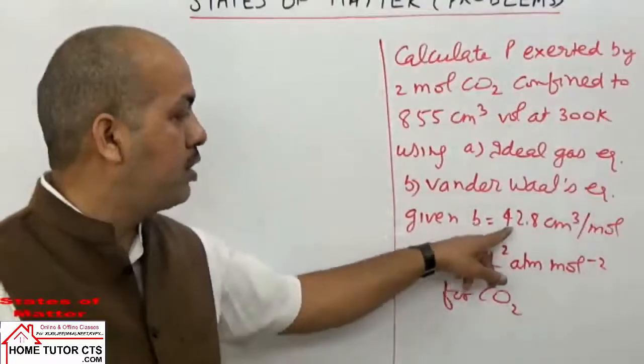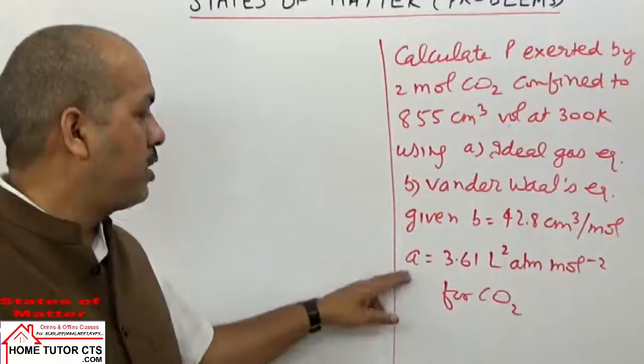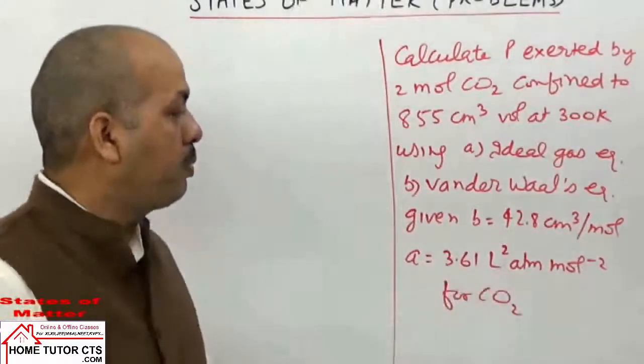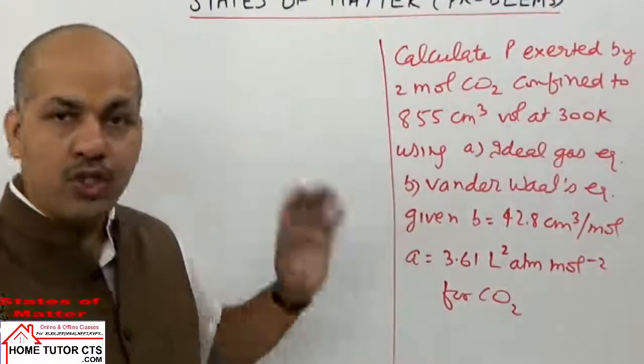Small b is given for this CO2 gas 42.8 cc per mole, and small a is given 3.61 liter square atmosphere per mole square. So you try this question yourself.